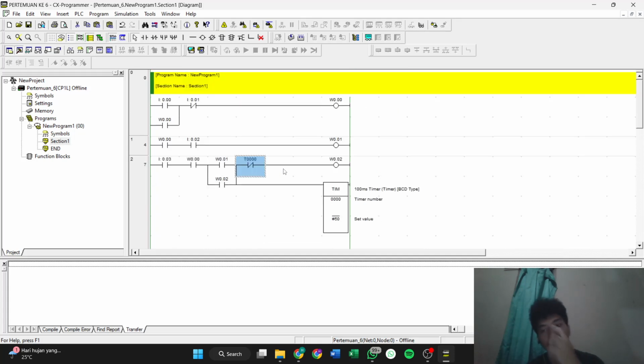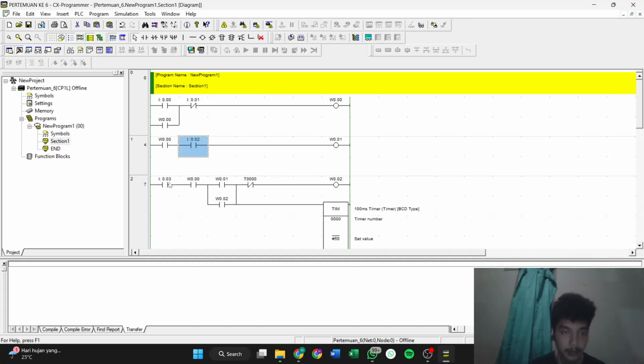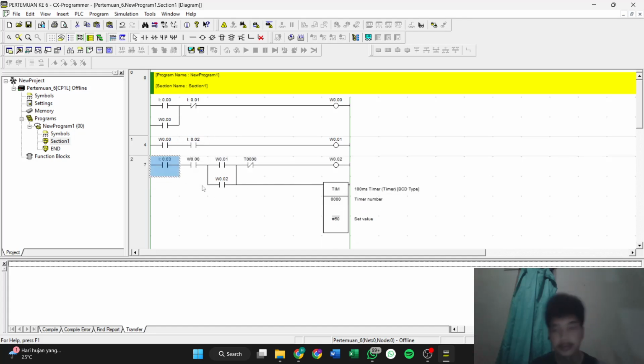The programming used in the PLC is called ladder diagram, which looks similar to a relay control circuit. A simple logic example: if the proximity sensor is on, the solenoid coil is active and the piston moves forward.